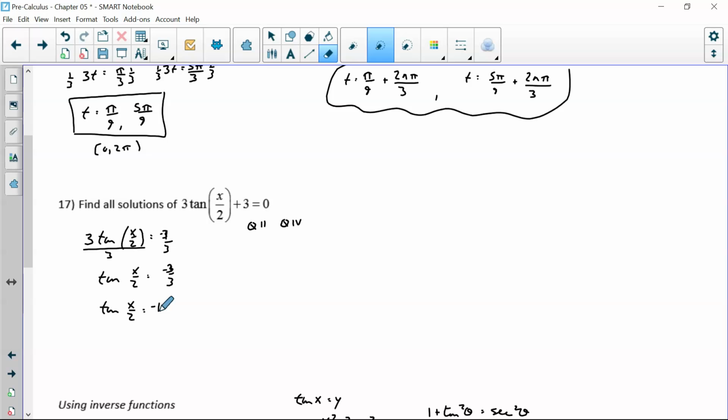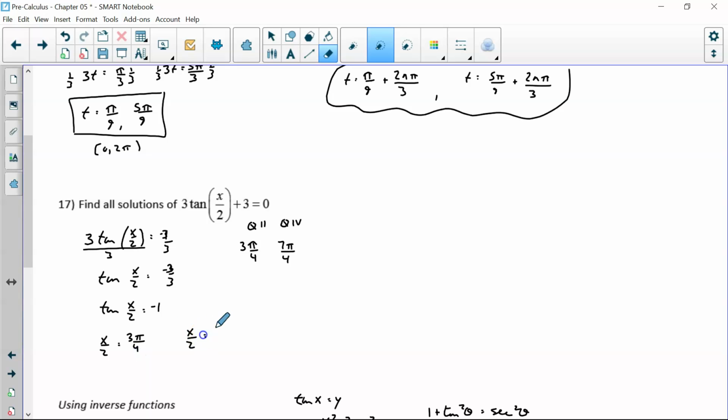Now, tangent negative still, quadrant 2, quadrant 4. Now, for tangent to be a 1, we're at our pi over 4s. So something pi over 4. To get us into quadrant 2, that's going to be a 3 pi over 4. To get us into quadrant 4, that's 7 pi over 4. So now, x over 2 equals 3 pi over 4.